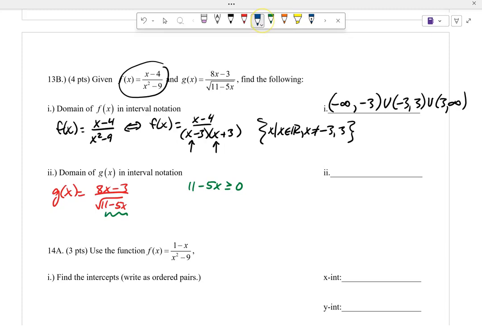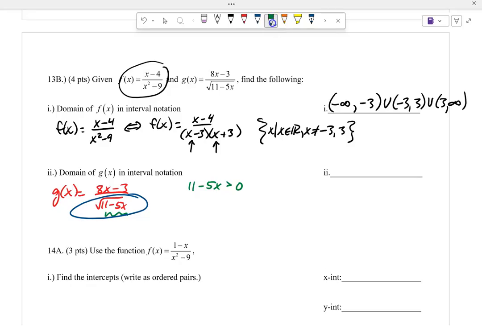But this thing is in my denominator, so I cannot be 0. Right? So I'm going to take out the 0. My radicand there, that 11 minus 5x, because it's in a denominator, actually has to be greater than 0, so that I'm not dividing this whole thing by 0.